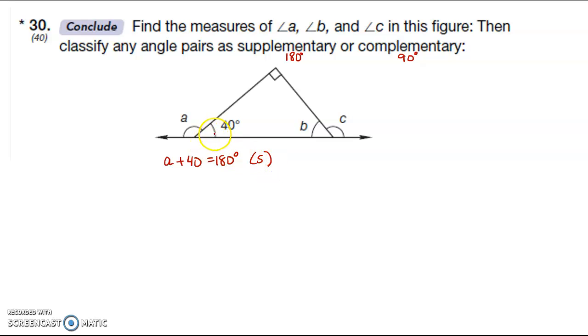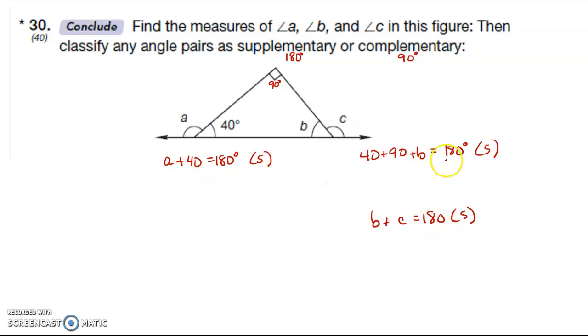Here I have 40 and 90 and B, and I know that 40 plus 90 plus B are equal to 180 because that's inside of the triangle. That's also supplementary, right? And then lastly, I know that B plus C is equal to 180, which is supplementary.